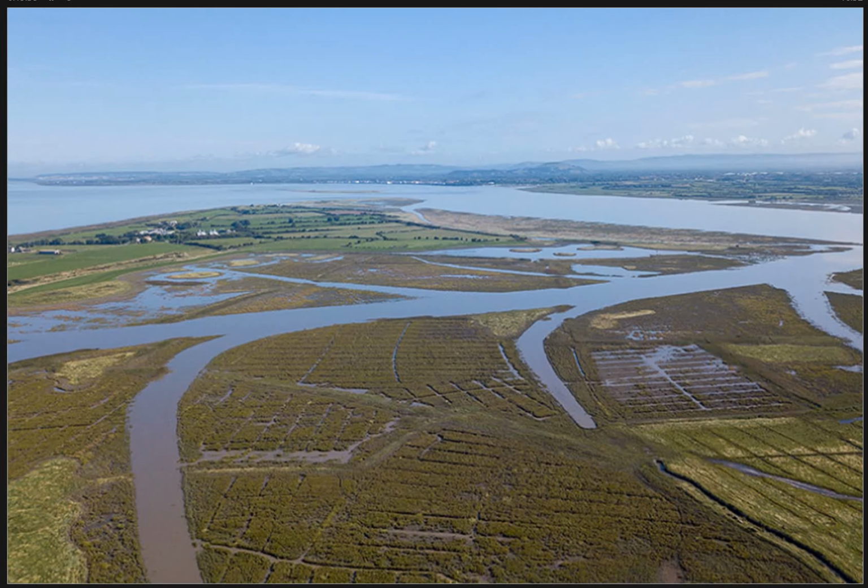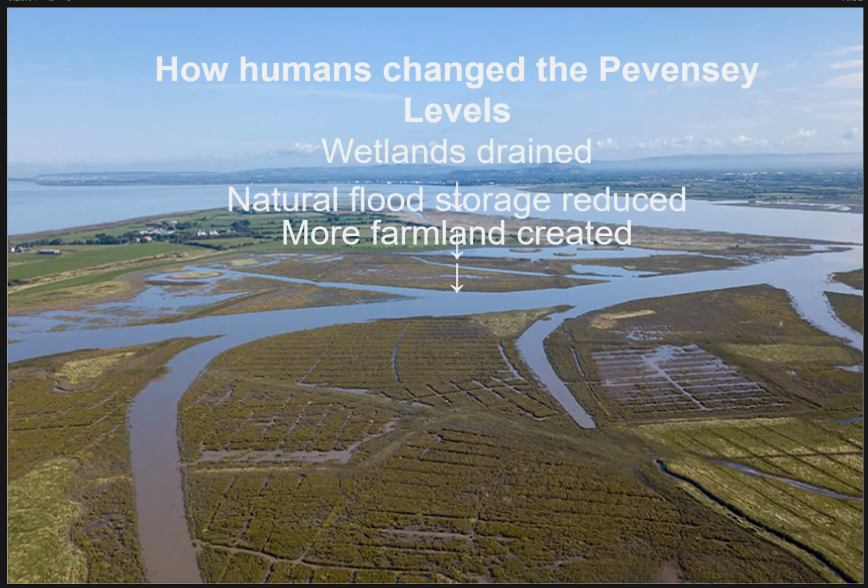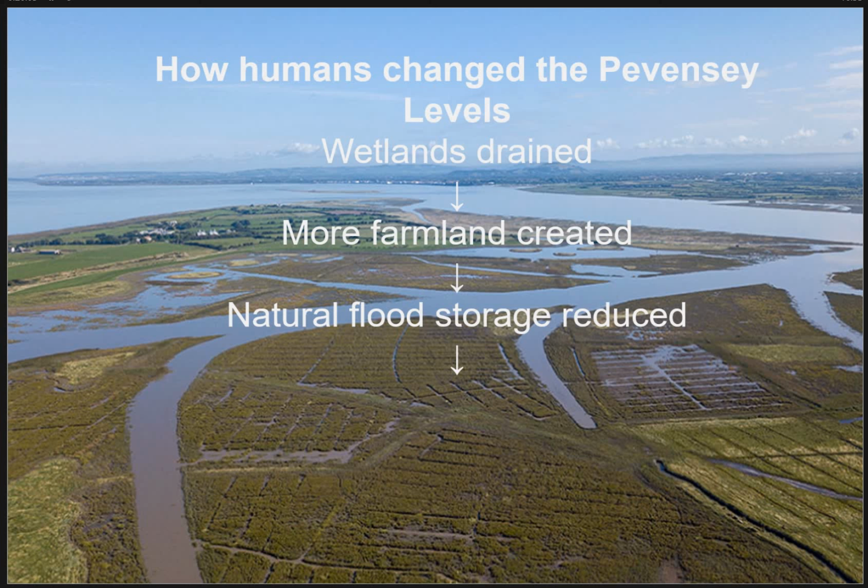Let's have a look again in this word thought link about how humans have changed the Pevensey Levels. The Pevensey Levels were originally large wetlands and marshes. Humans have drained parts of these wetlands to create more farmland for grazing and for agriculture. However, and this is an important point, these wetlands naturally store large amounts of water during prolonged heavy rainfall and flooding.